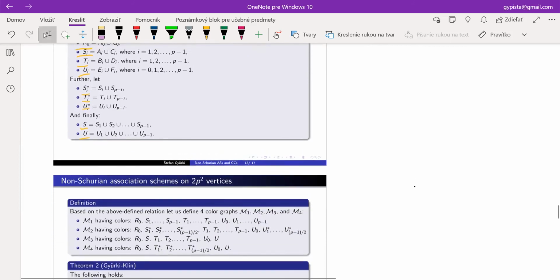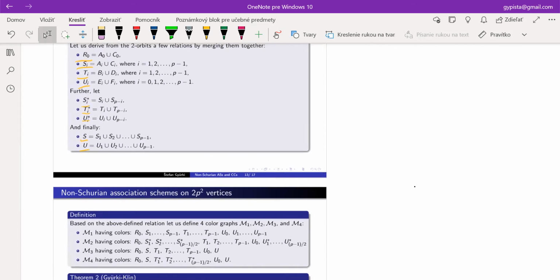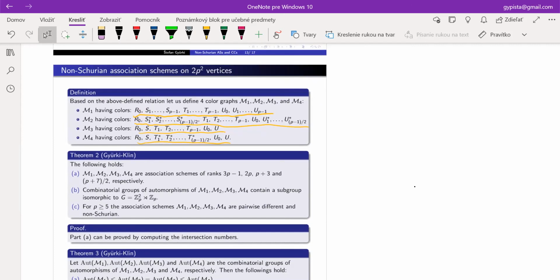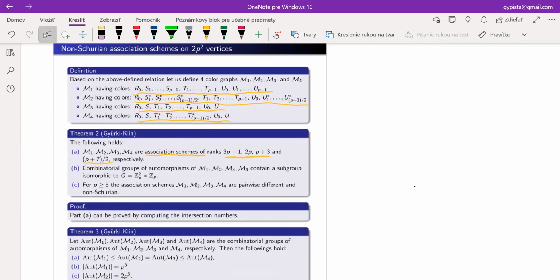And now, using these relations, we can obtain many color graphs, but especially if we define one color graph using these colors, the second using these, the third and the fourth using these, we can prove that all these four color graphs define association schemes, and simply by counting the number of relations in them, their ranks are as shown in this item.